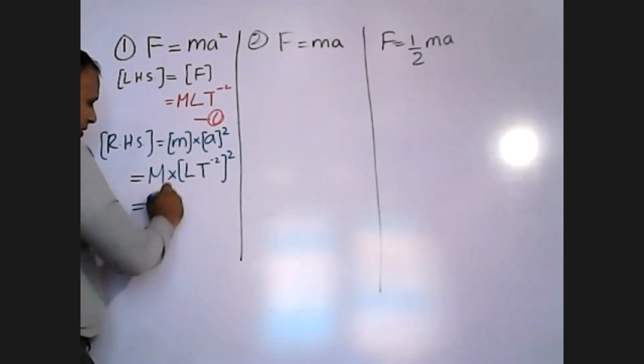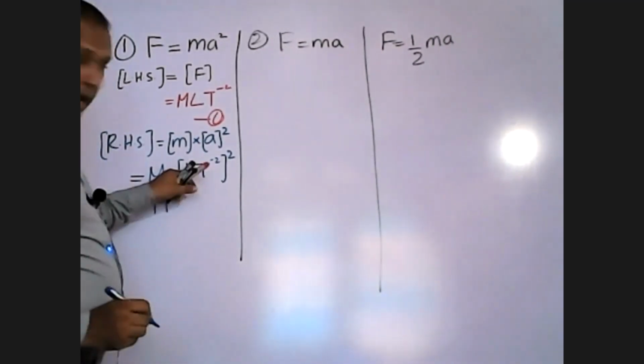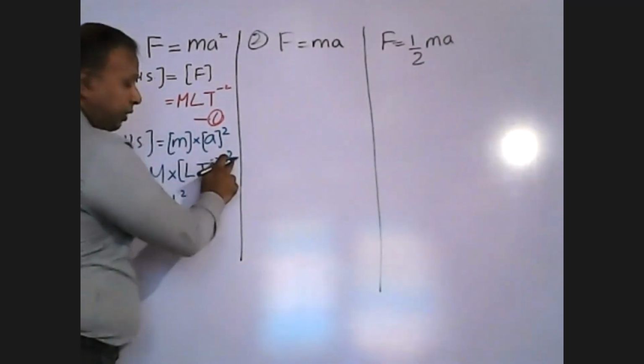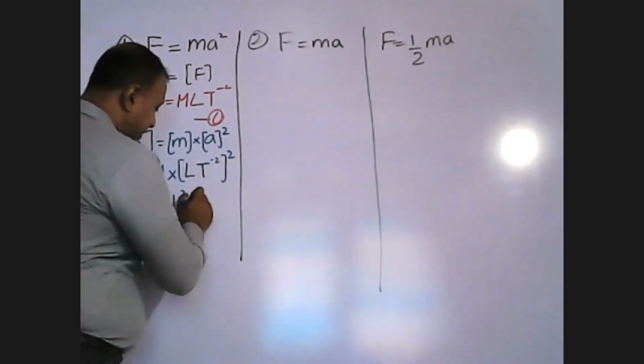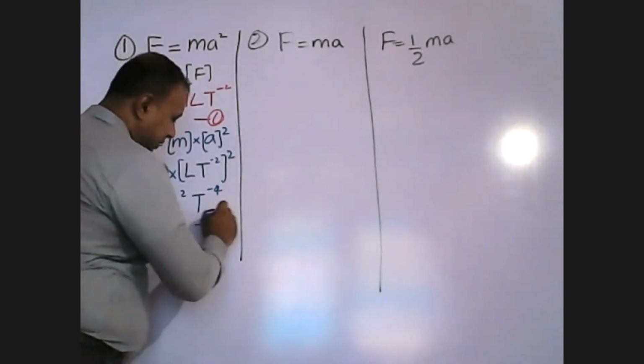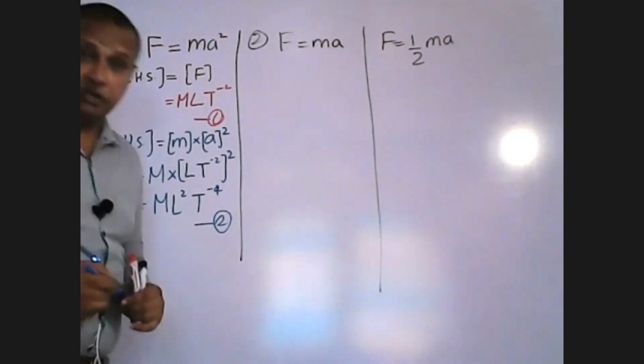Here L into 2 means L squared, and minus 2 into 2 means minus 4. That is equation number 2.